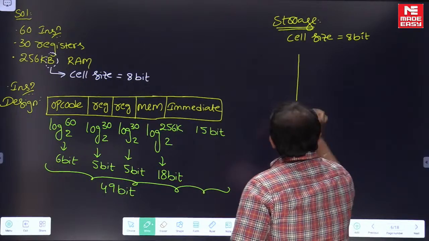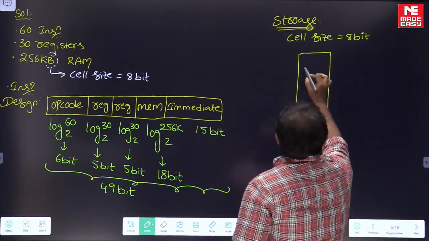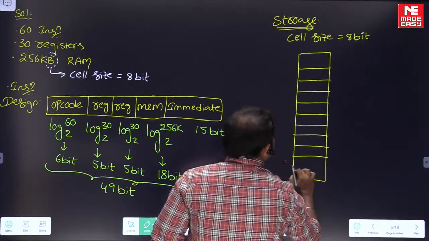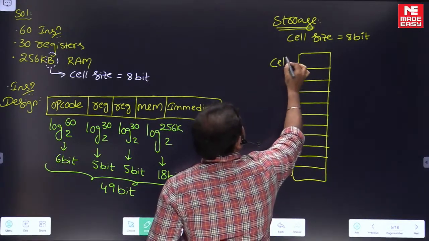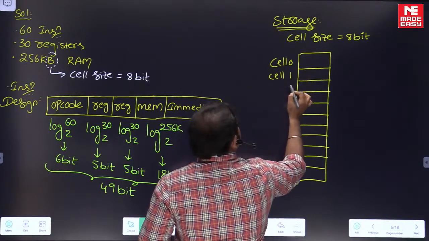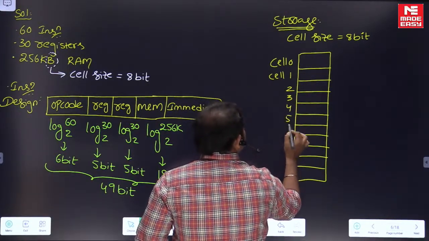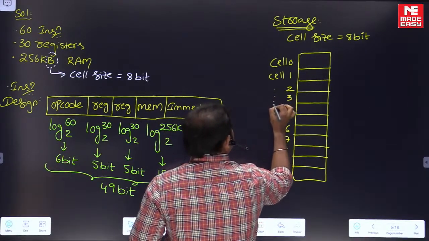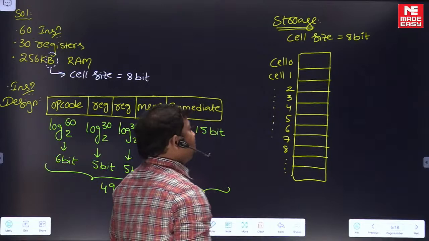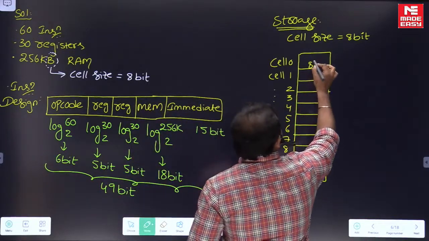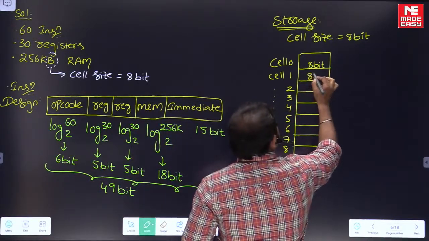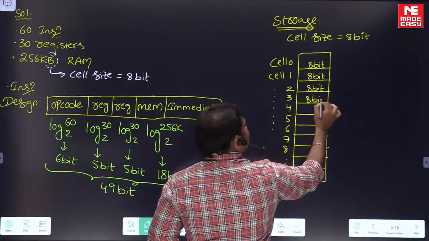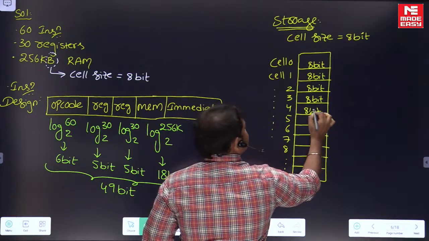Here these are the memory cells: cell 0, cell 1, 2, 3, 4, 5, 6, 7, 8 and so on. In every cell 8 bit space is present.